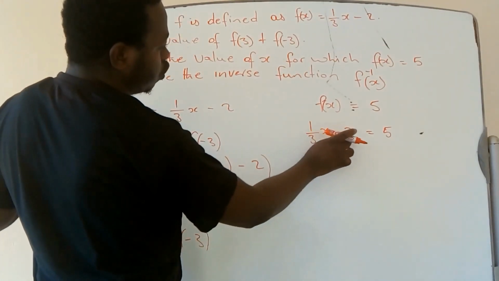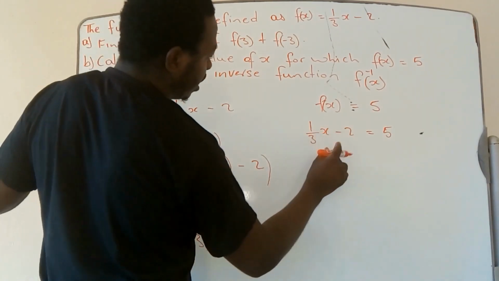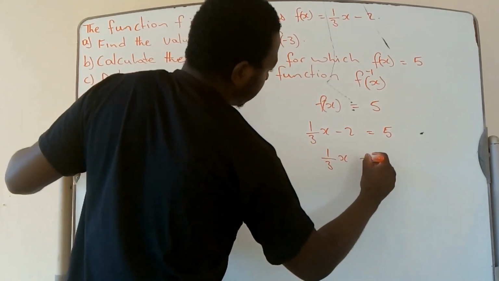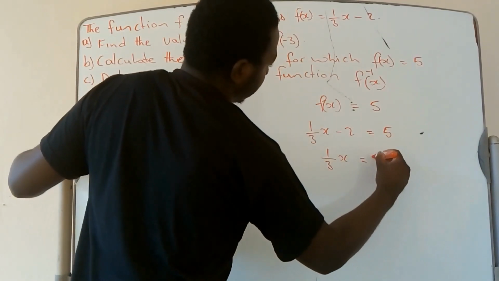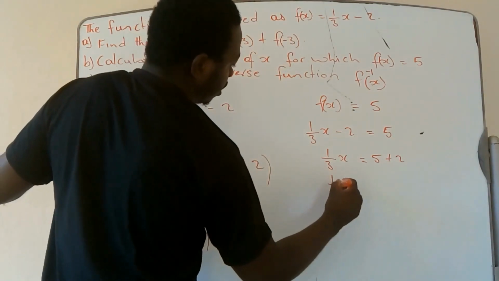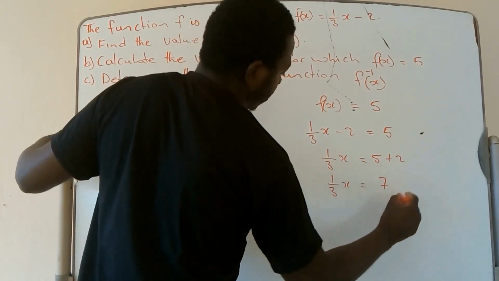We have minus 2, and we need to get rid of it, so we add 2 to both sides. If we add 2 to this side, we're left with 1/3 x is equal to 5 plus 2, that's 7.